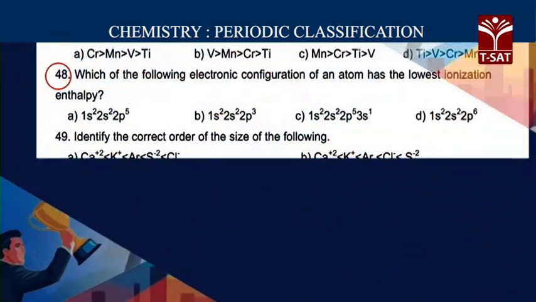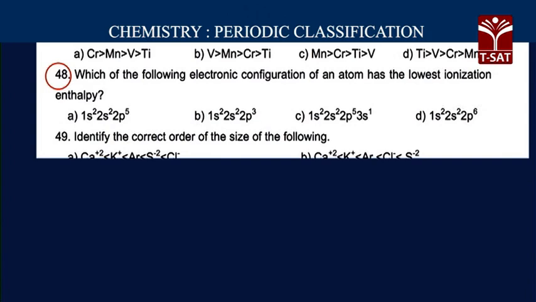Next question, which of the following electronic configuration of an atom has the lowest ionization enthalpy? Electronic configurations specified are A. 1s2 2s2 2p5, B. 1s2 2s2 2p3, C. 1s2 2s2 2p6 3s1, D. 1s2 2s2 2p6.